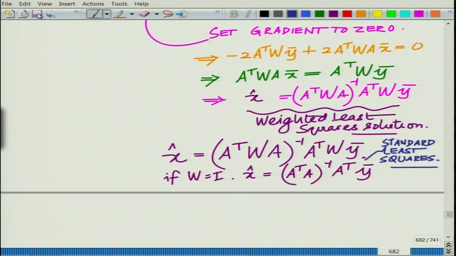So, they have the W, which is essentially the weighting matrix, and that is what makes this solution different, and you have the option of weighting the different errors differently rather than the standard least squares, where all the error terms are weighted equally.